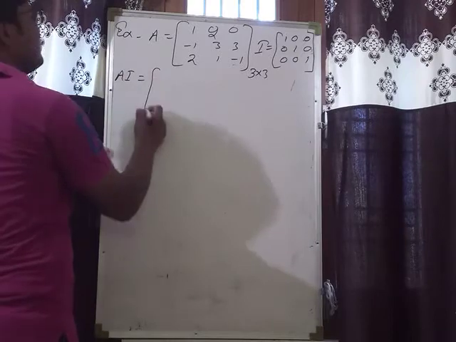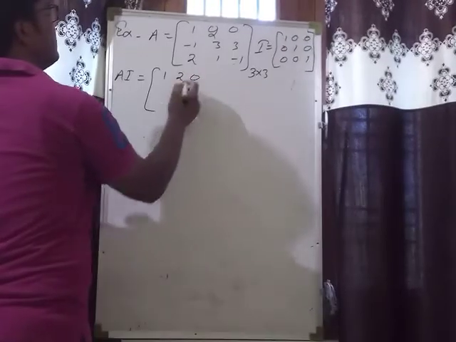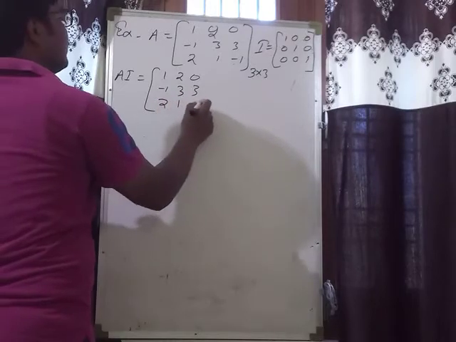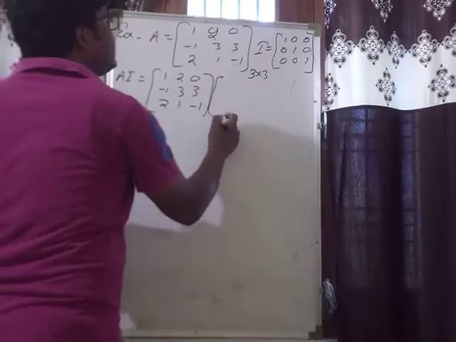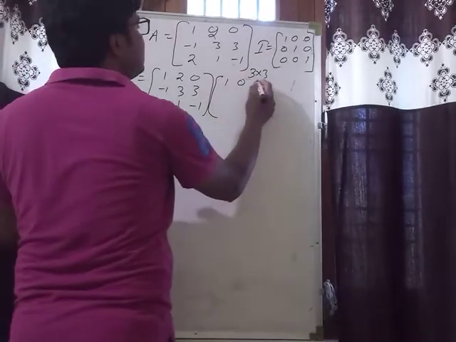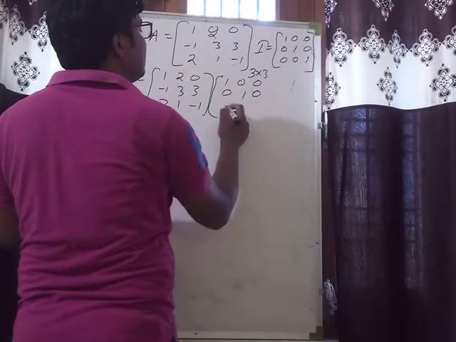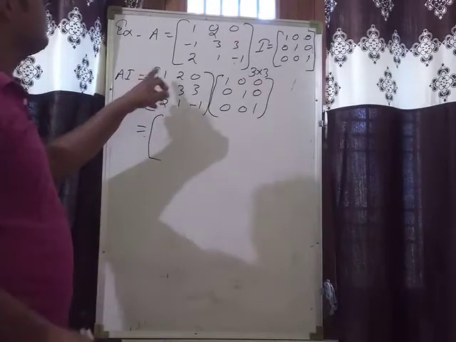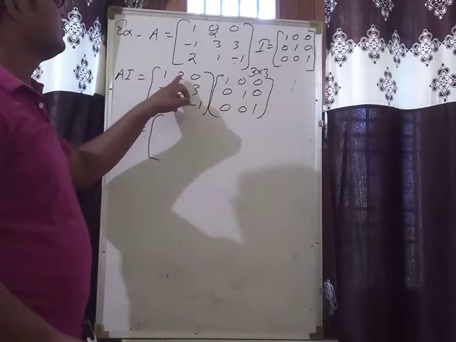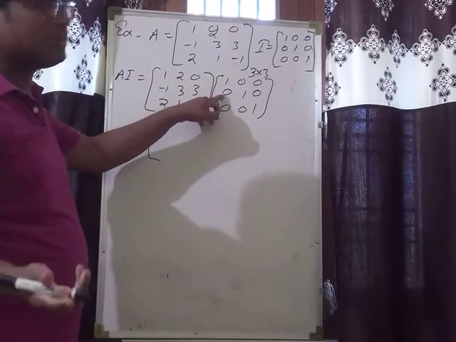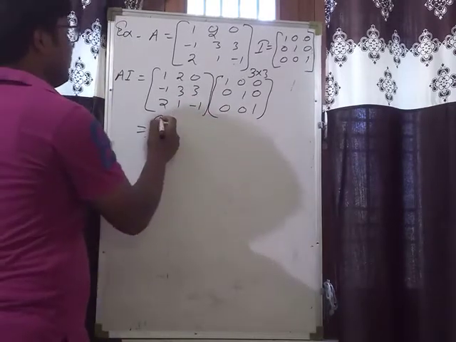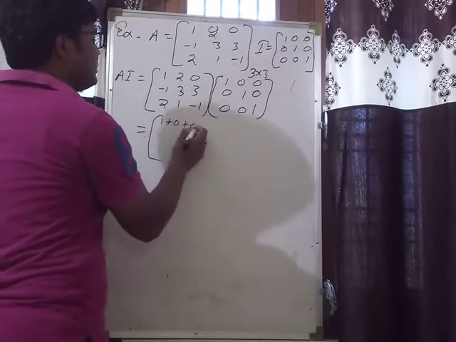So what will be? It will be [1 2 0; -1 3 3; 2 1 -1] times [1 0 0; 0 1 0; 0 0 1]. So what will become? See, this is 1 into 1, 1, plus 2 into 0, 0, plus 0 into 0, 0. That will be 1 plus 0 plus 0.